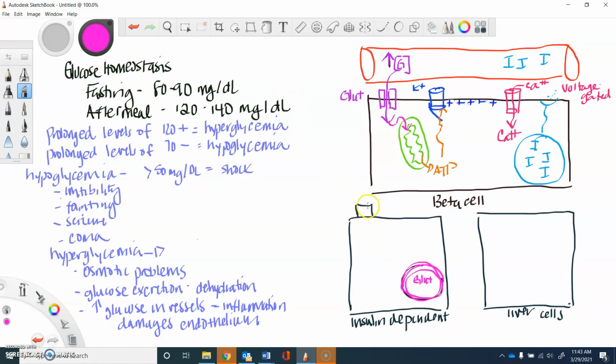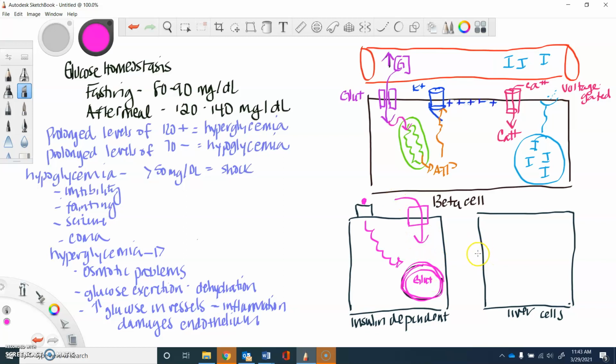And when insulin binds here, it will cause the release of these GLUT transporters onto the plasma membrane. And when that happens, then glucose can come in.